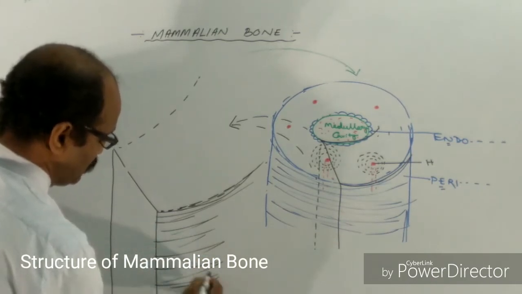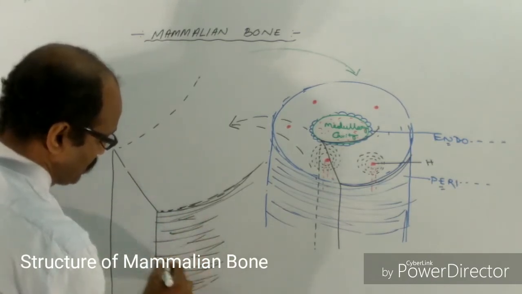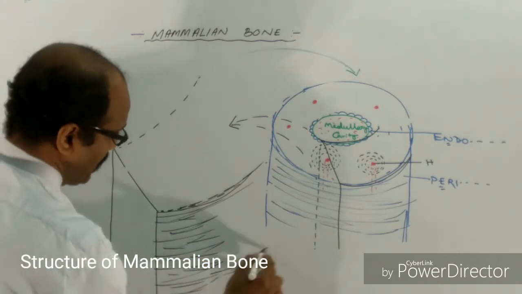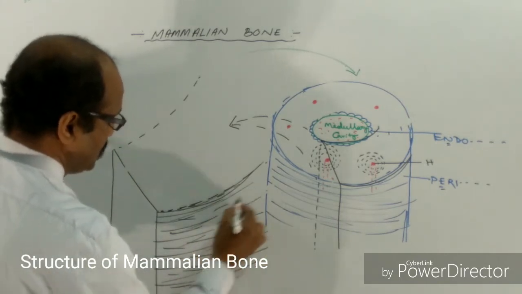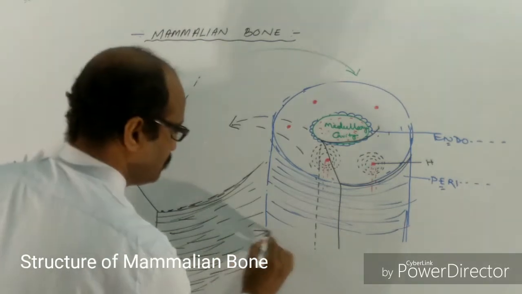The outermost layer is known as the periosteum, which is one type of fibrous connective tissue. This is the periosteum.